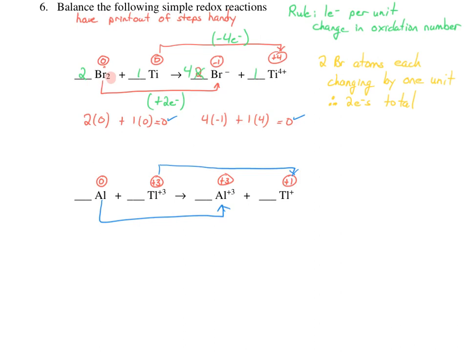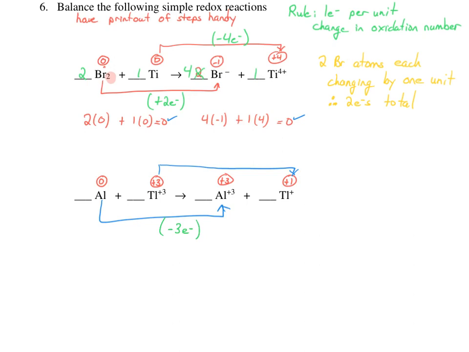Next, we balance the atoms that are changing oxidation number, but they're already balanced. We have 1 aluminum, 1 aluminum, 1 thallium, 1 thallium. Next, we worry about electrons. Aluminum is going from 0 to +3. That's a process that involves 3 electrons. Thallium is going from +3 to +1.